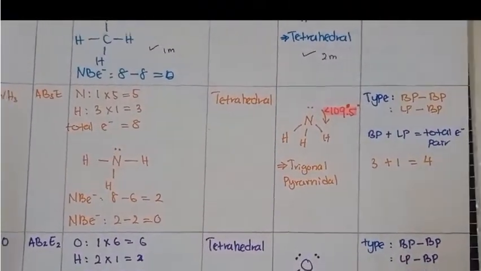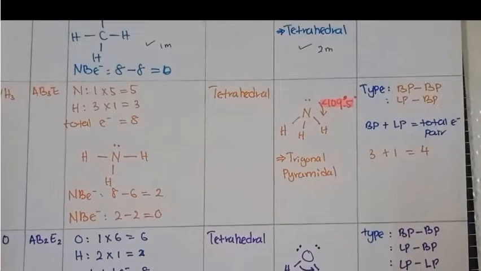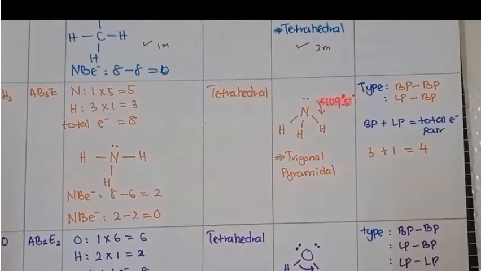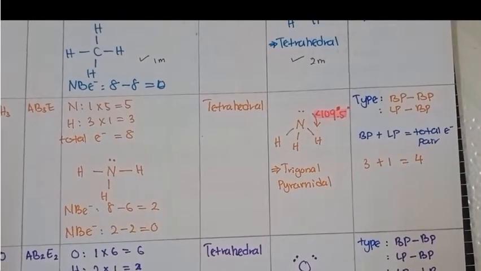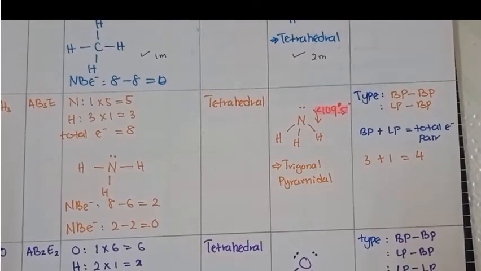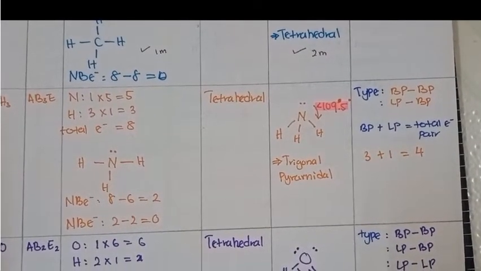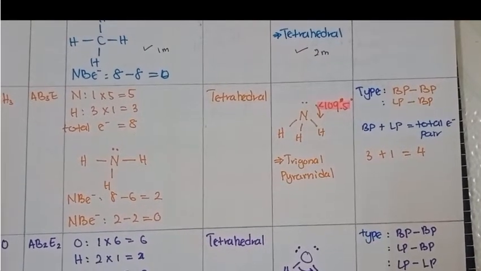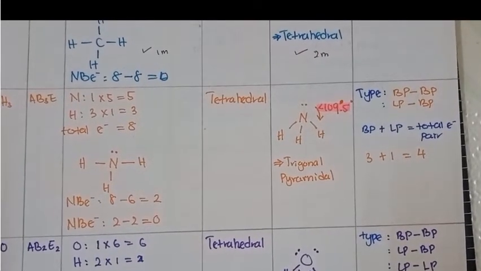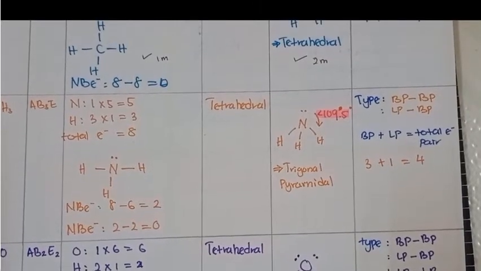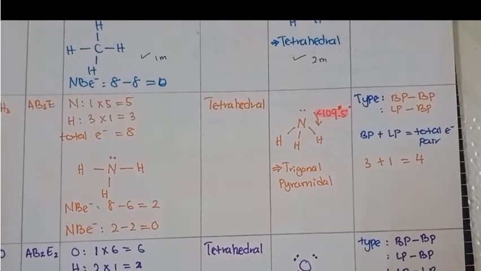Element NH3. Okay, the class is AB3E. Nitrogen came from group 15, so 1 atom nitrogen times 5 is equal to 5. Hydrogen came from group 1 and has 3 atoms, so 3 times 1 is 3. So the total electron is equal to 8.